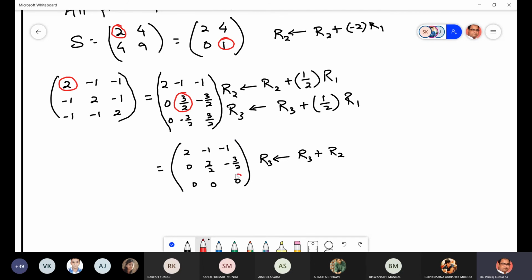So our third leading element is 0. So this is not positive definite, rather it's a semi-definite matrix.